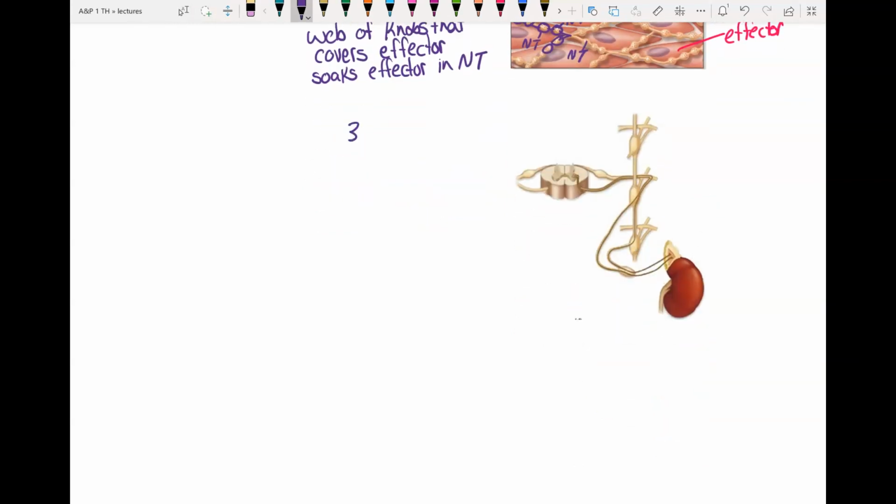The third way that we get mass activation is the adrenal medulla pathway. The adrenal medulla pathway is what gives you an adrenaline rush.